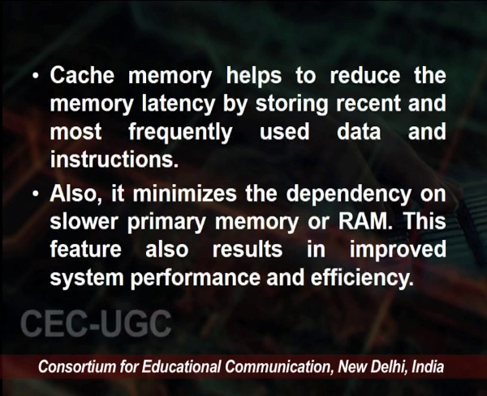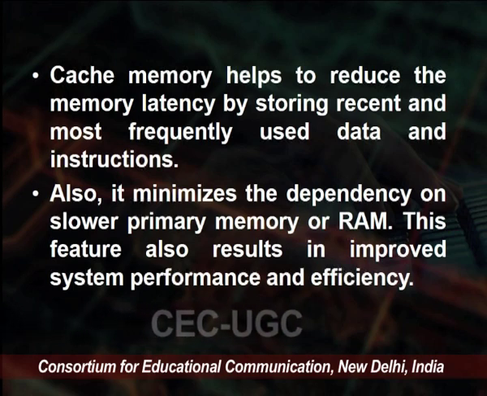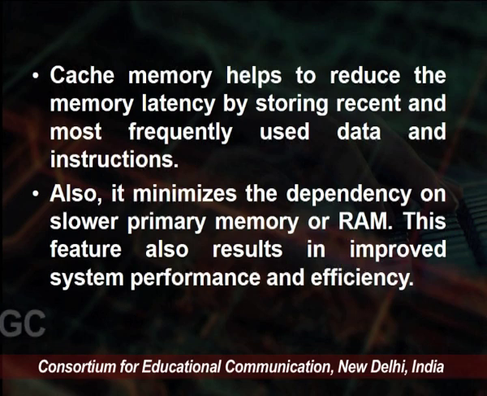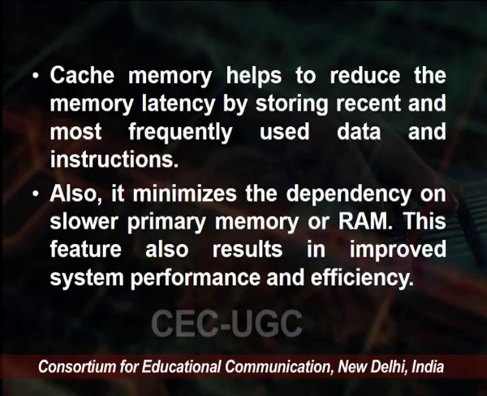Also, it minimizes the dependency on the slower primary memory or the RAM. This feature also improves the system performance and efficiency. Cache operates at the same speed as the CPU. Hence it can provide a steady stream of input data and instructions that reduces the idle time of the CPU. Therefore, it improves the CPU utilization.